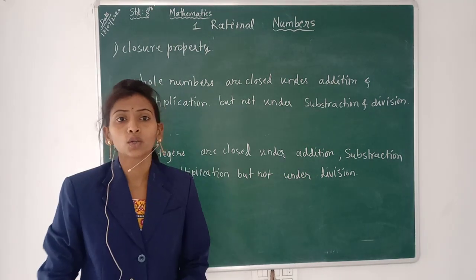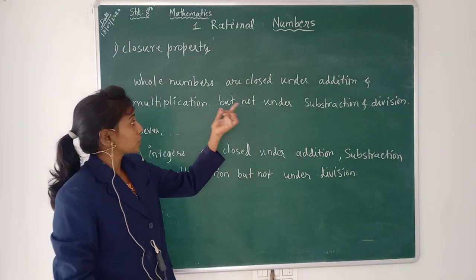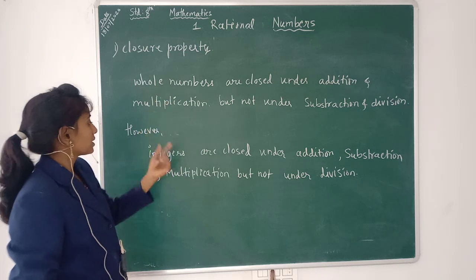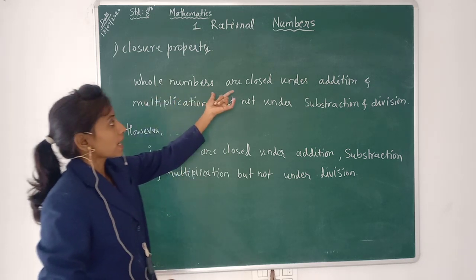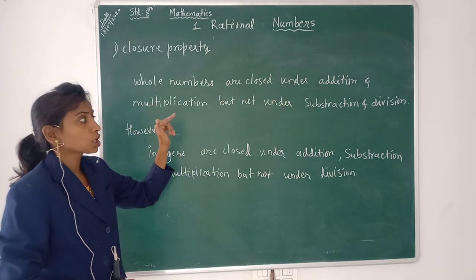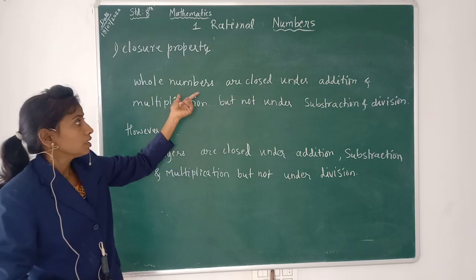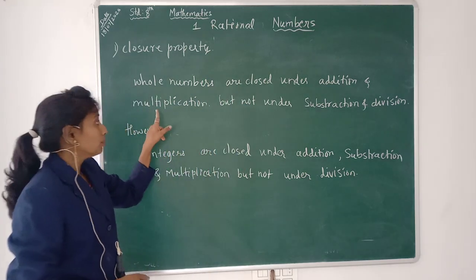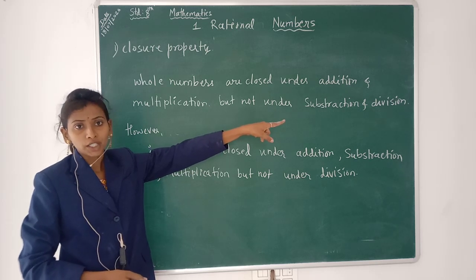We have checked the closure property for all the operations, addition, subtraction, multiplication and division, on whole numbers and integers. What we have concluded is that whole numbers are closed under addition and multiplication only, but not closed under subtraction and division.